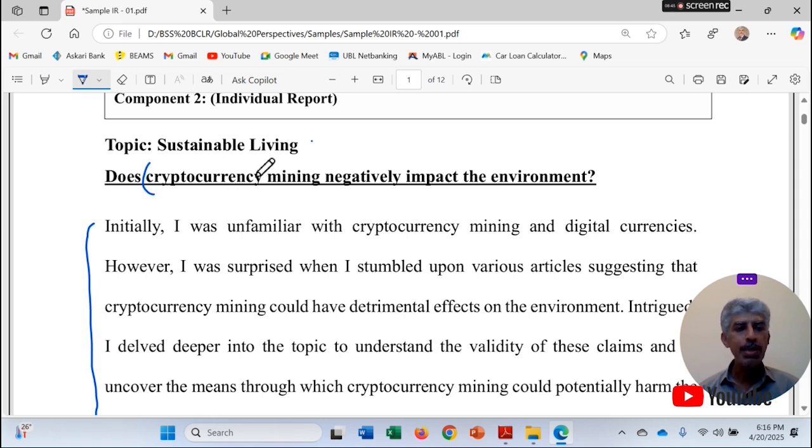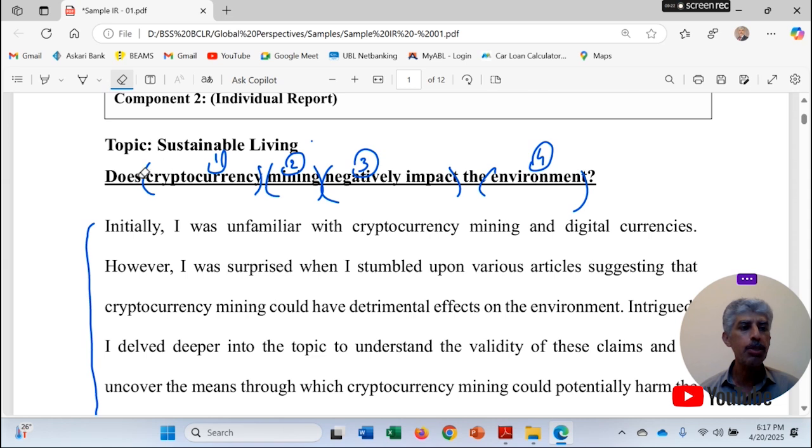Whenever you design a question, what you need to do in your introduction is find out what the keywords of your question are. As per this one, cryptocurrencies is number 1, mining number 2, negatively impact number 3, and the environment number 4. So in this particular question there are 4 keywords, and in your introduction, you are supposed to explain the complex ones.